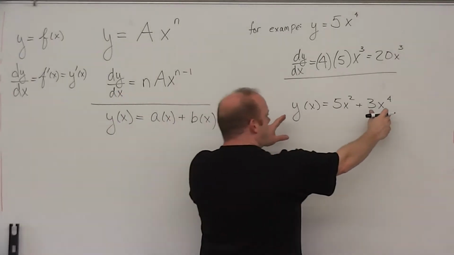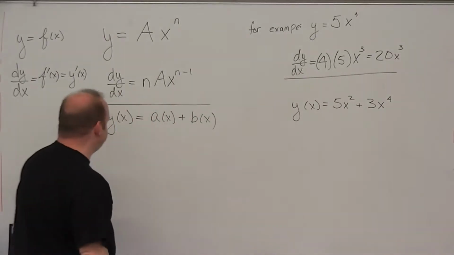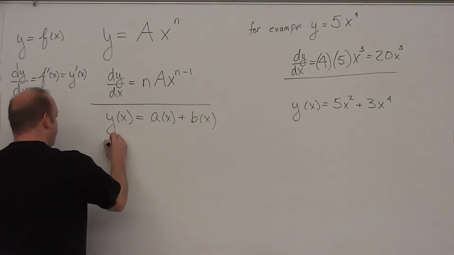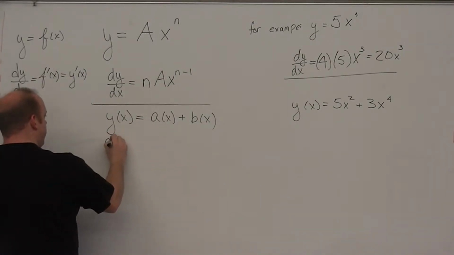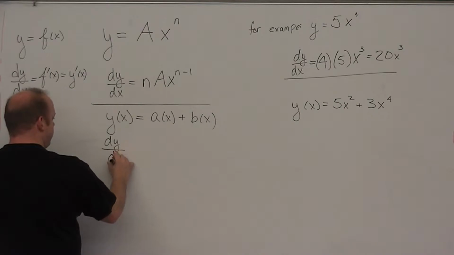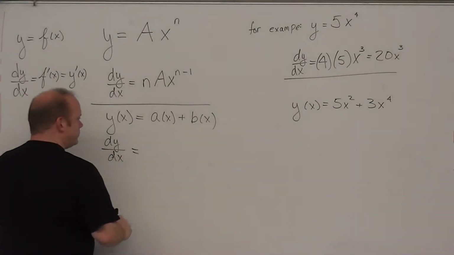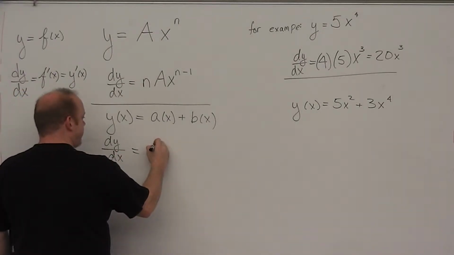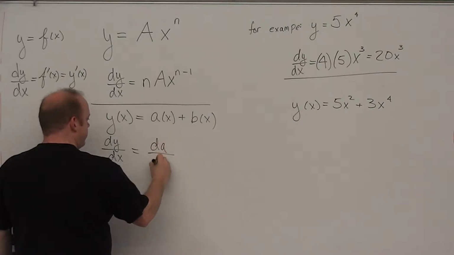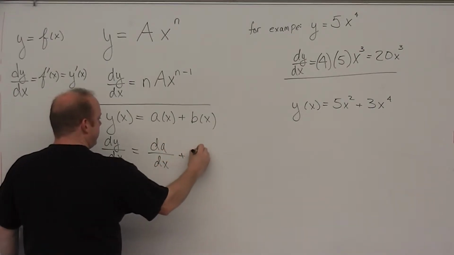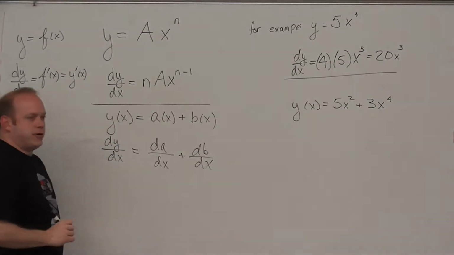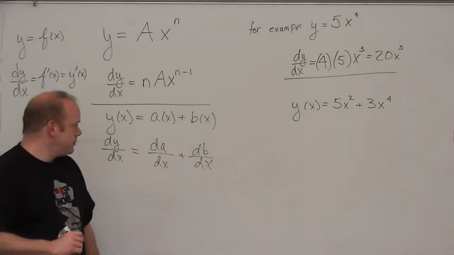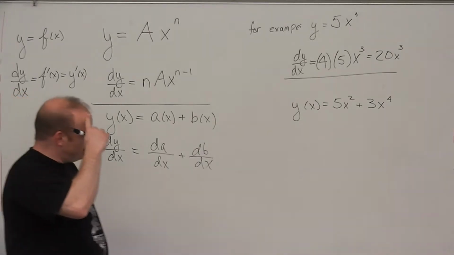This is where we're going to put all of our specific examples. y prime of x, or let me just put it as dy dx, dy dx will equal dA dx plus dB dx. In English, all you're going to do is take the derivative of each and add them together.